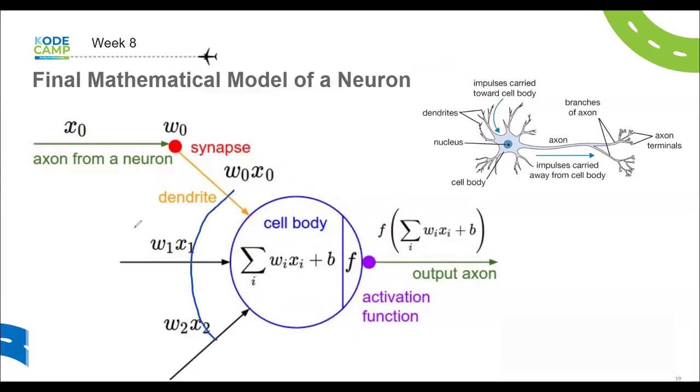And then after summing it, there's a bias as well that is added, which is kind of the tendency. Think of it this way, if the sum of signals here was water that you are pouring into this cell body, the bias is a measure of how full the cell body was before you started pouring water into it.